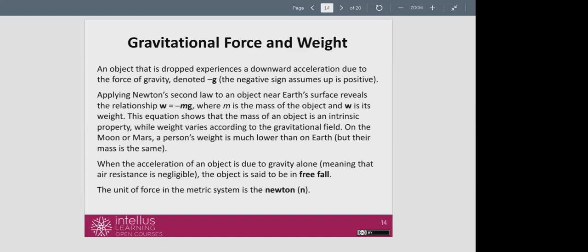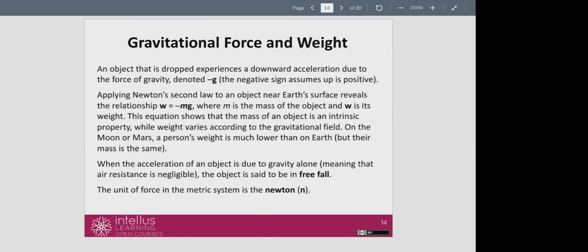Your weight, however, depends on gravity, and gravity changes as you move around. So your weight will be different on the moon than it is on planet Earth. In fact, on the moon, you'll have a weight that is 1/6 of what it is here on Earth.